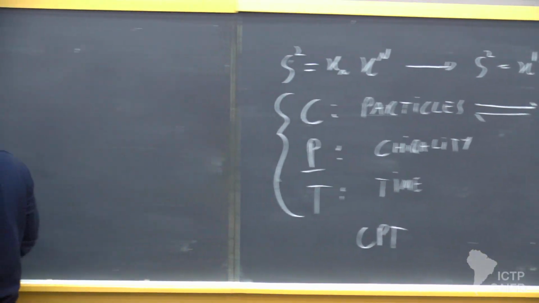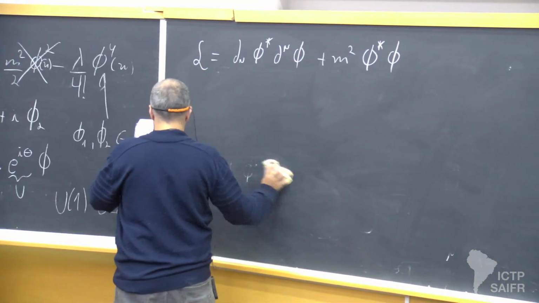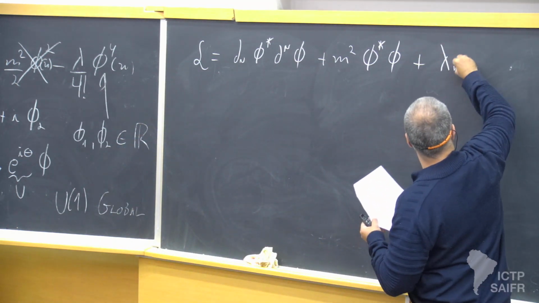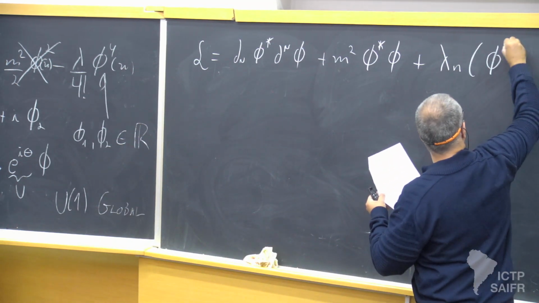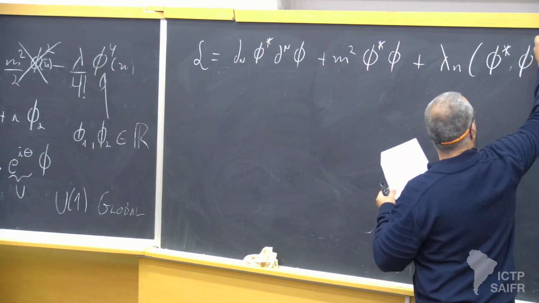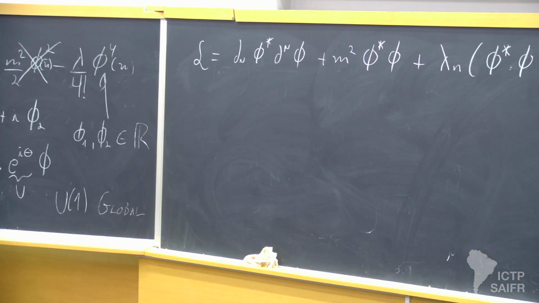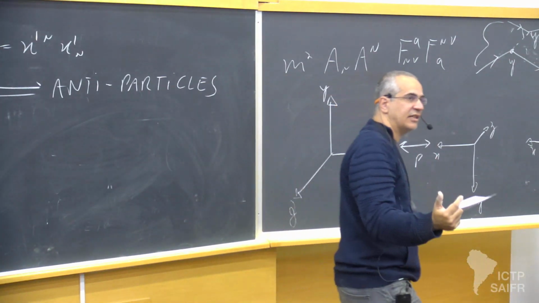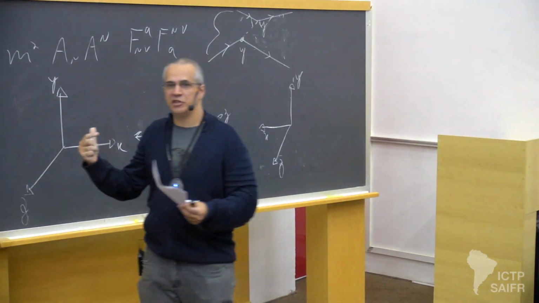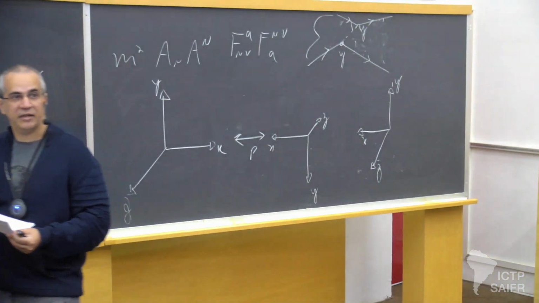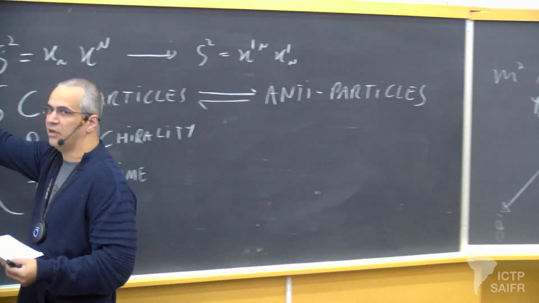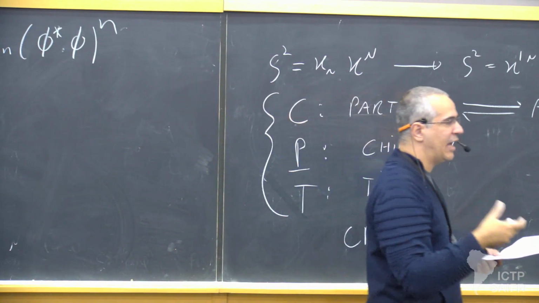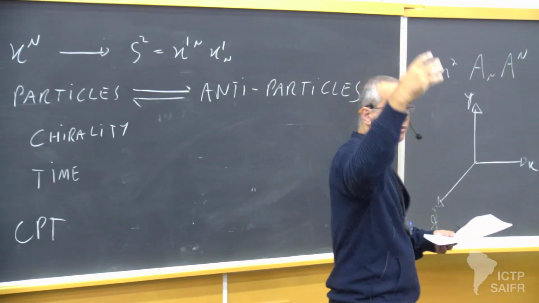I'm forbidding a lot of the things I could have here. And the interaction can be anything of this form, the only constraint now being something I mentioned last time, which is renormalizability. If I make this power too big, then I'm putting in interactions that only matter when I'm really close to the breakdown of the theory.